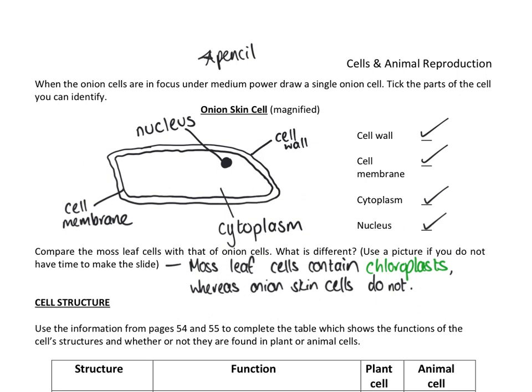And that's because that part of the onion will grow underground and cannot trap sunlight, so it doesn't need chloroplasts. So as I said, we're going to look at those structures in greater detail in a later lesson. But that's the end of today's lesson.